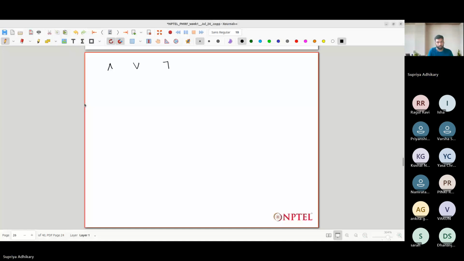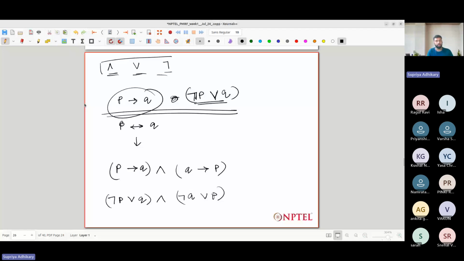Implies can be written as this and implies can be written for negation, negation, disjunction, and conjunction. These three operators, we can take any operation like this by implication or implications or something like that. So we can take any operations like that, and we can write it in form of these operations. We can say that these three operations are functionally complete.